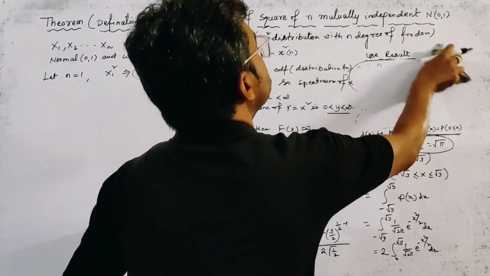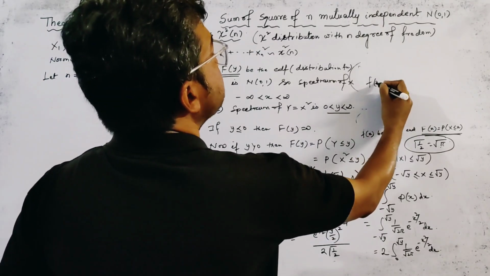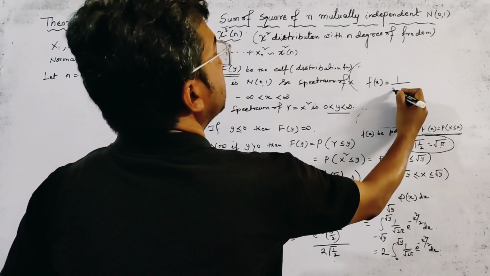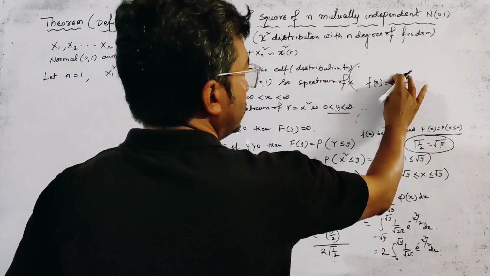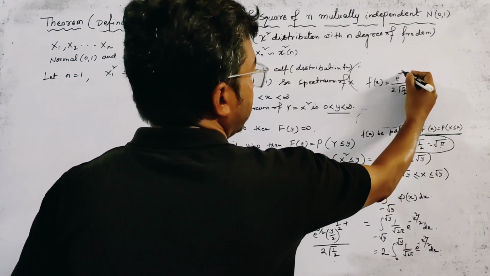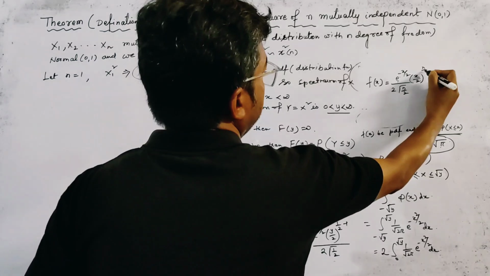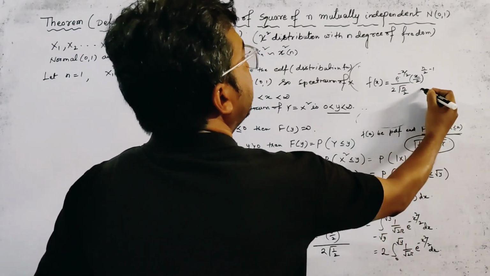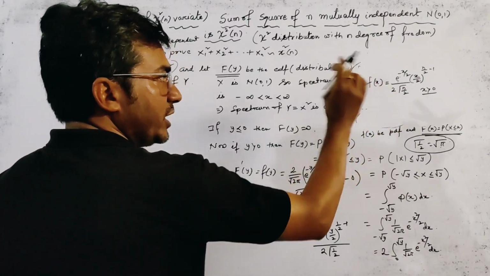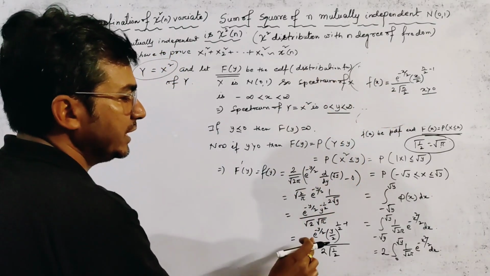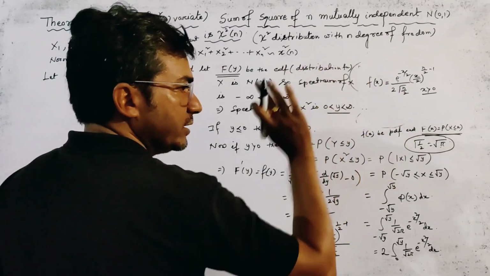The PDF of Chi-Square n, we know that this is given by f(x), which is 1 by 2 into gamma n by 2 into e to the power minus x by 2 into x by 2 to the power n by 2 minus 1, where x is greater than 0. So comparing with the PDF of Chi-Square n, we say that here this is 1 and this is also 1 in place of n.